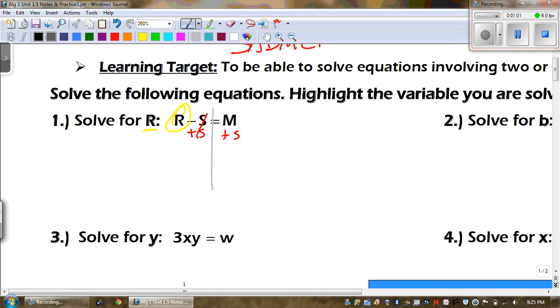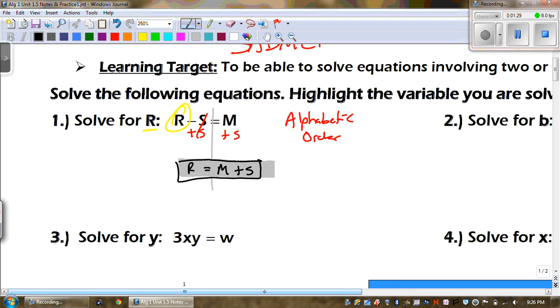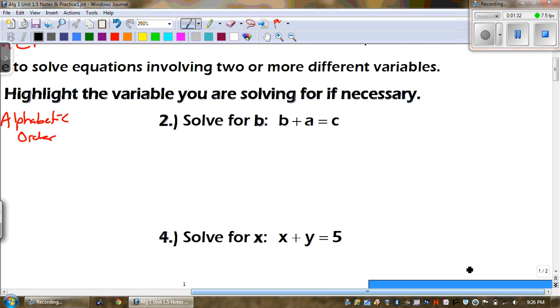The s's cancel out, and we're left with r all by itself. And we have r equaling, and we're going to put this in alphabetical order. Okay? So we have m plus s. Not too bad. Let's look at the next one.